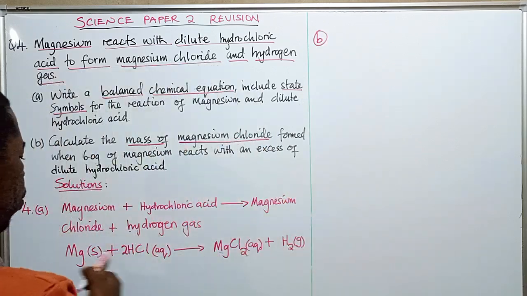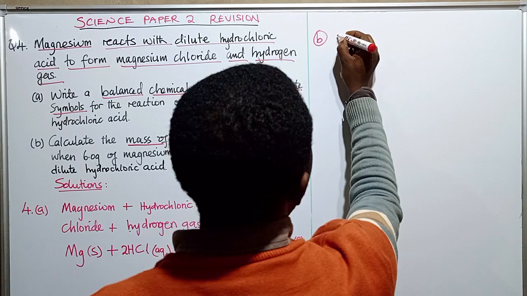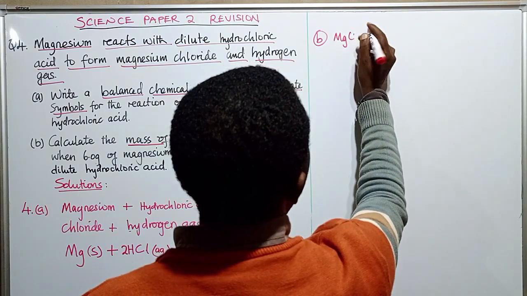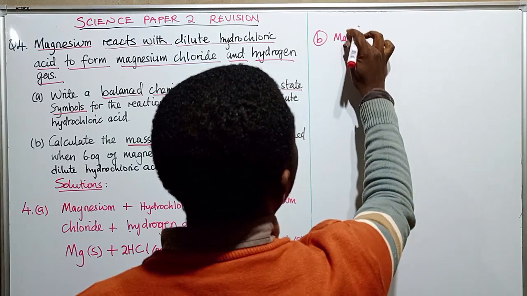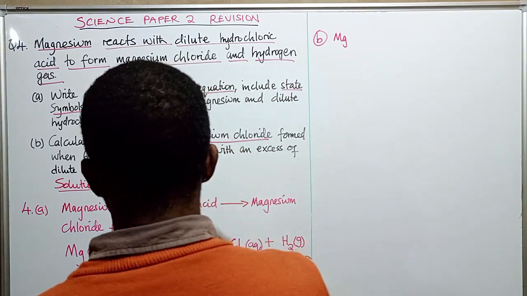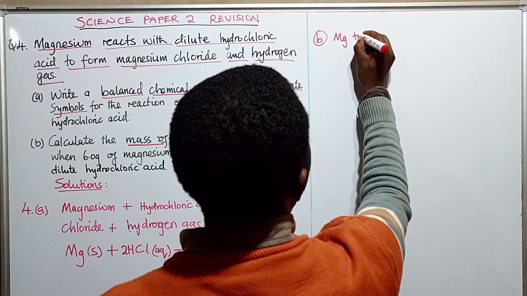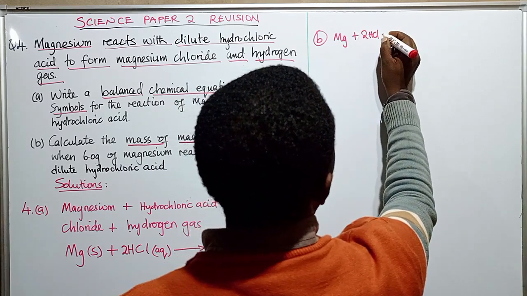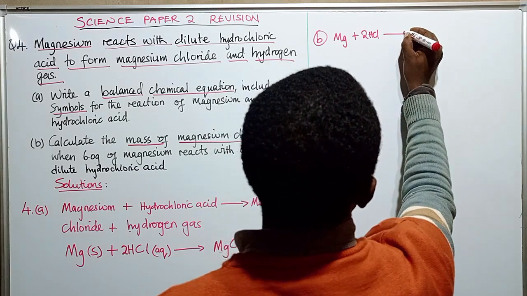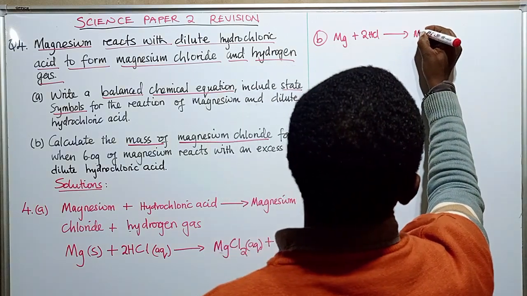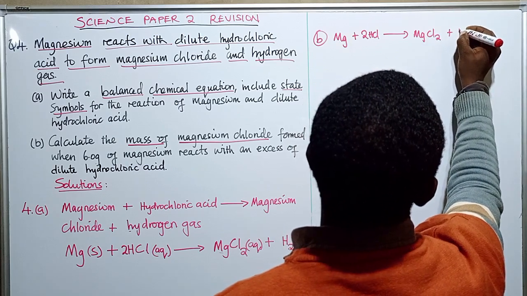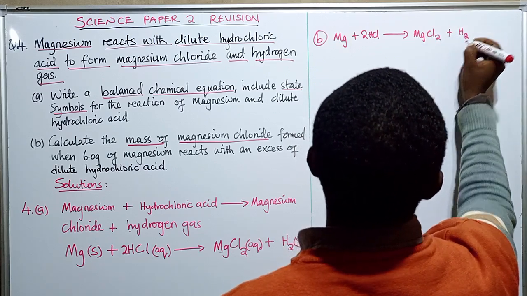So in answering, we need to use this equation. So we can rewrite it here. Magnesium. So here we can leave the state symbol because now we are using it. Then plus hydrochloric acid, then gives us magnesium chloride with a 2 there plus hydrogen gas.